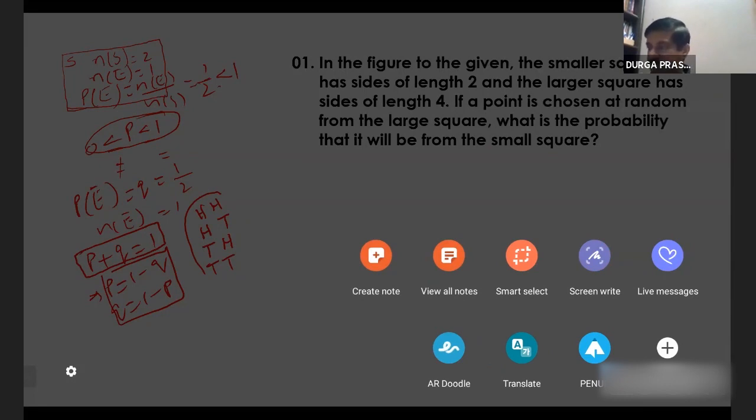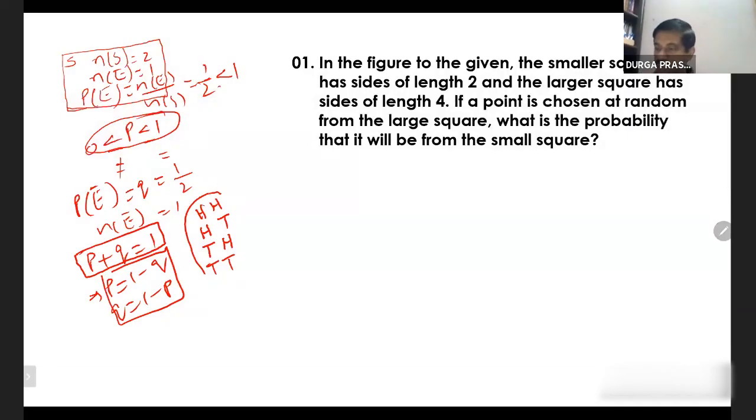These are the 4 possibilities when two coins are thrown together. So the total number of possible events is 4.